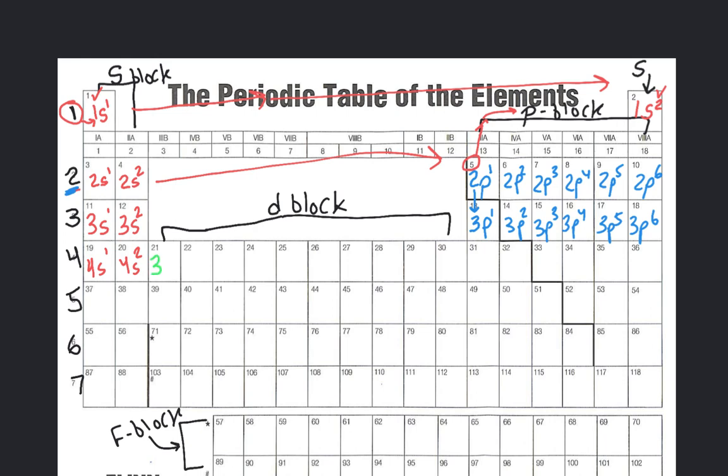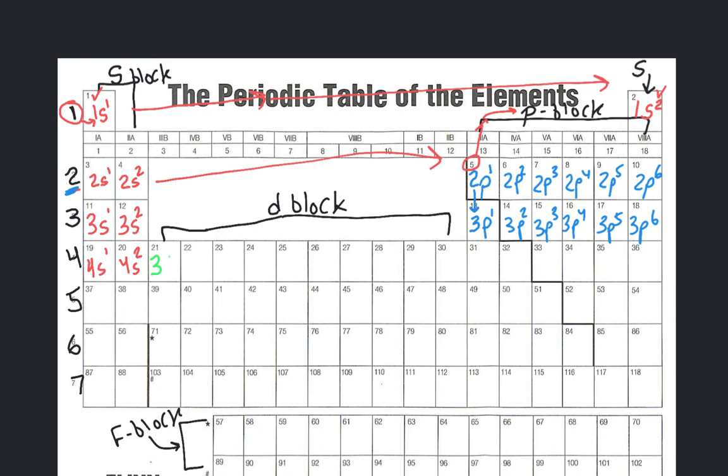The D block starts up in the 3rd energy level, and there's some orbitals that are available in the 3rd energy level, not the 4th. And so it's a common mistake that students have when they start out with this. I know I don't like that it's the 3 here either because it's in the 4th row, but it is. You got to remember to go down 1 when you're in the D block.